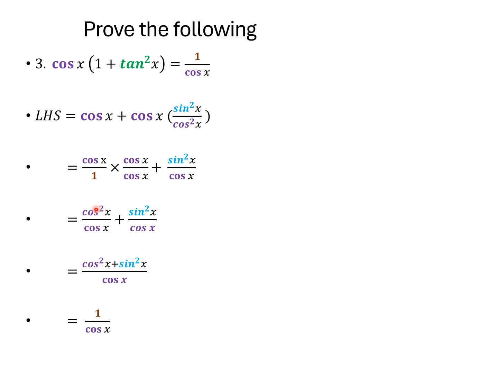Now this fraction and that fraction have the same denominator, cos x, so we can add the numerators. Now I have cos squared x plus sine squared x. According to the square identity, cos squared plus sine squared gives me 1. So 1 over cos x is equal to my right-hand side. I forgot to type that in there, it should say equal to right-hand side.